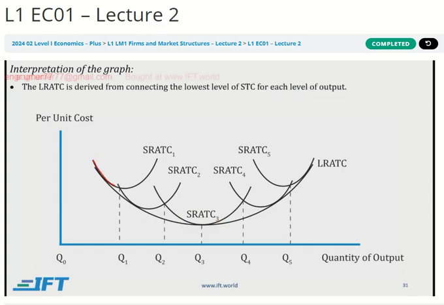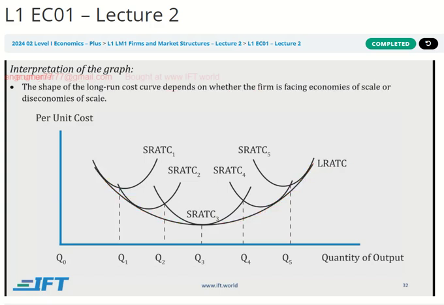And this is done by connecting these. So the long run curve that you see over here, the long run average total cost curve, is actually created by connecting the lowest points of the short term curves. And that's how this long run curve is made.